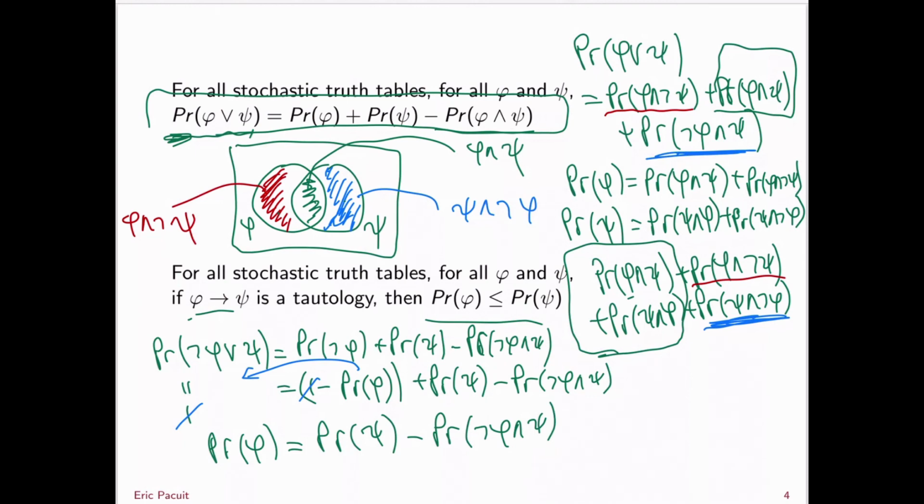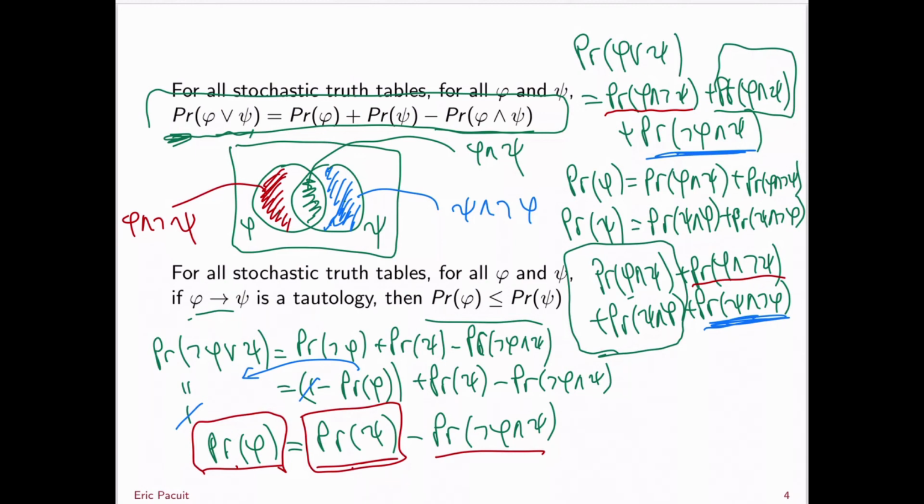Now, we reason as follows. The probability of phi is some number between 0 and 1, and the probability of psi is some number between 0 and 1, and this probability is some number between 0 and 1. Well, this number has to be less than or equal to this number, because this number is equal to that number minus some positive value.